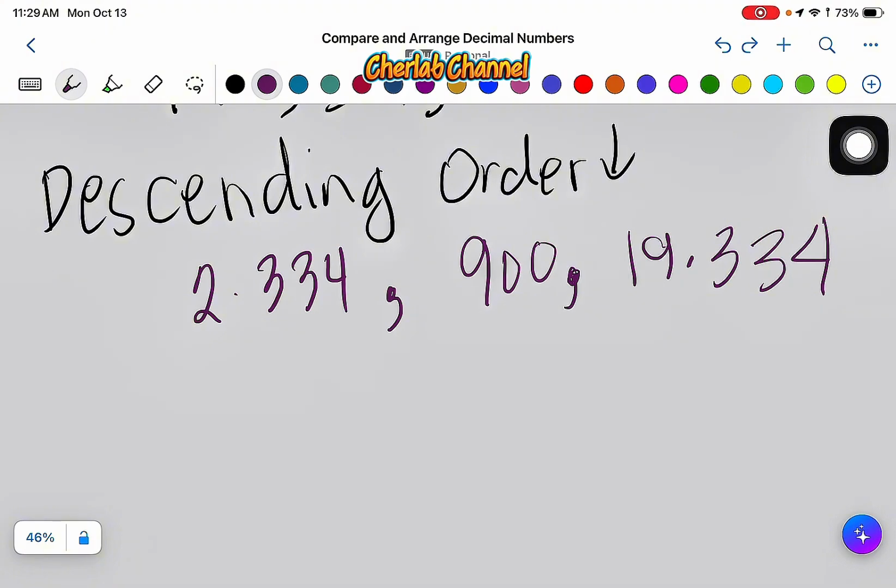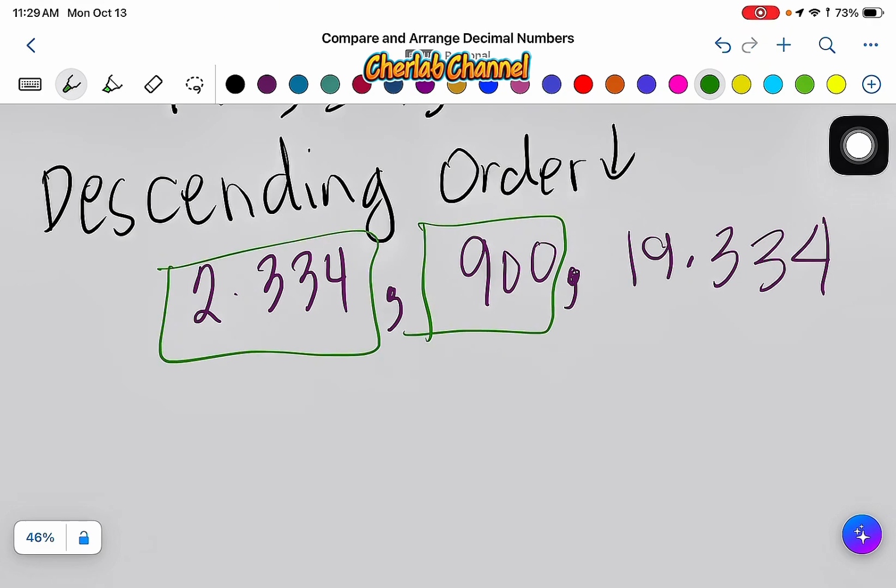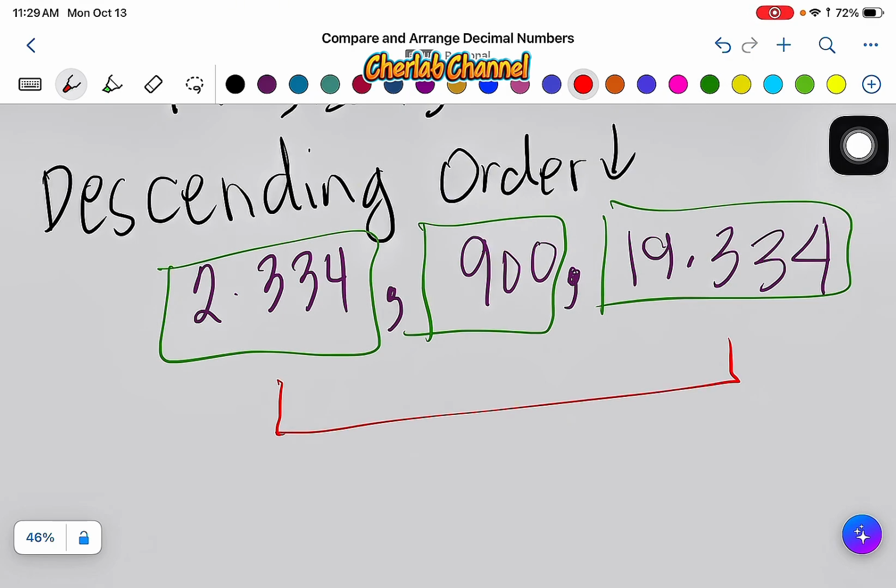Okay, what can we notice here is that ito yung magkakagrupo. 2.334, 900, 19.334. So, both of these two are decimal numbers. That means sila yung mga mabababa kesa kay 900 dahil buo yan, whole number.